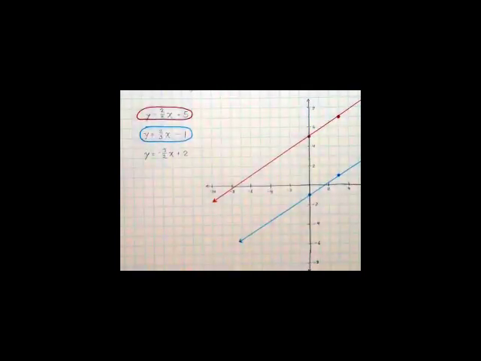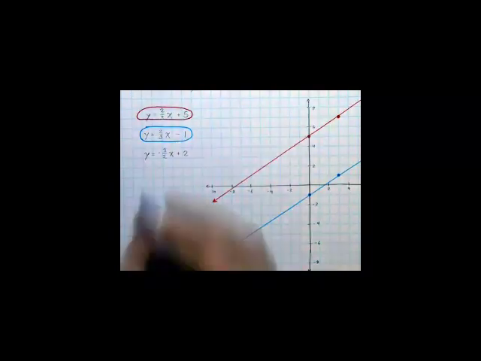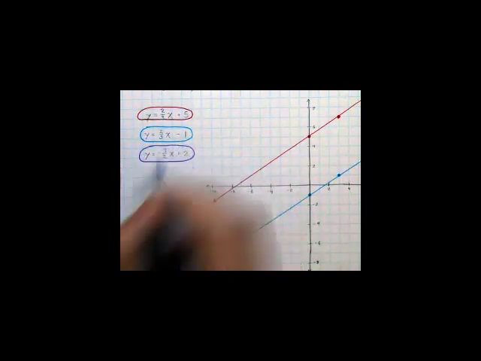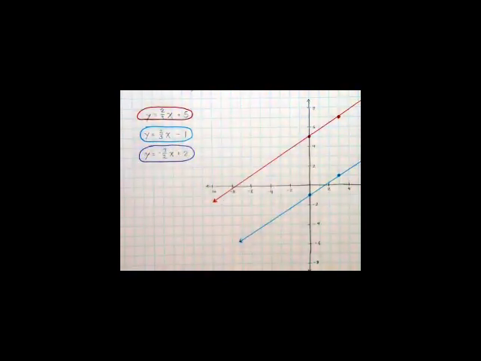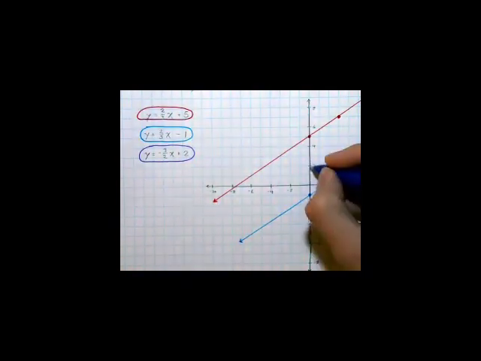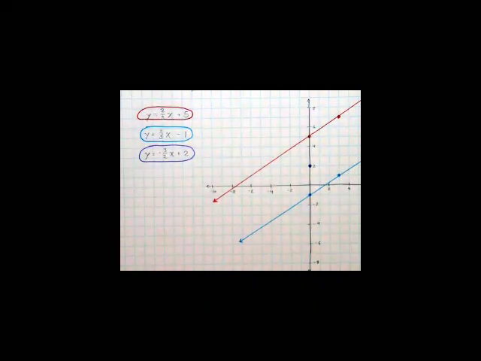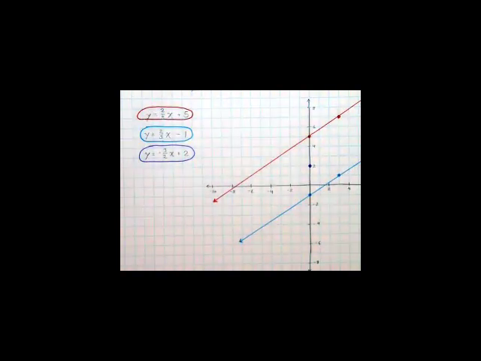I think I'll make this one purple. All right, so this one, different slope this time. Negative 3 over 2 x plus 2. So we're going to start at 2. And this time, down 3 to the right 2.